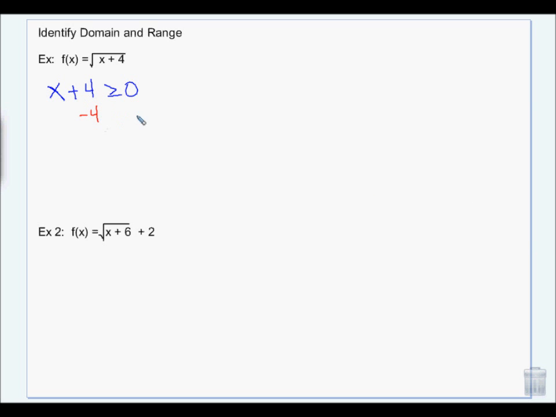And then we solve it. And this is our domain. And if we want to put it in set notation, it would look like that.